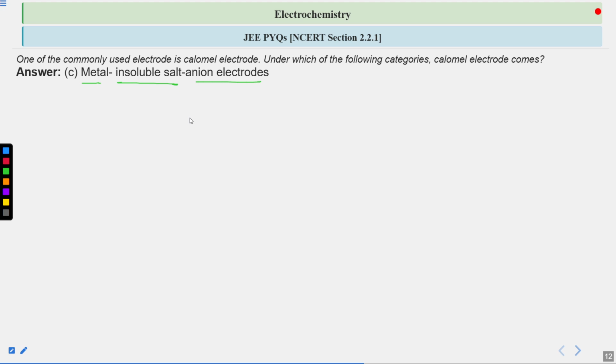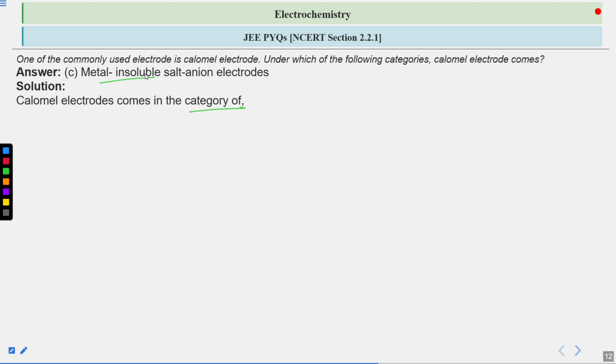Now how? Let's see. Let me define what the Calomel electrode is. In the Calomel electrode, mercury is present and mercurous chloride, that is Hg2Cl2, is also present, which is actually the calomel as the name of this electrode.